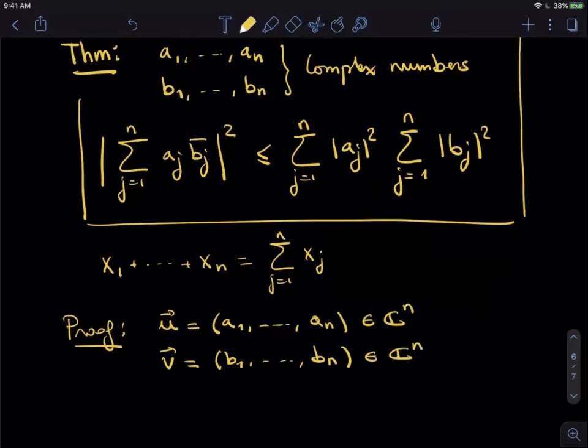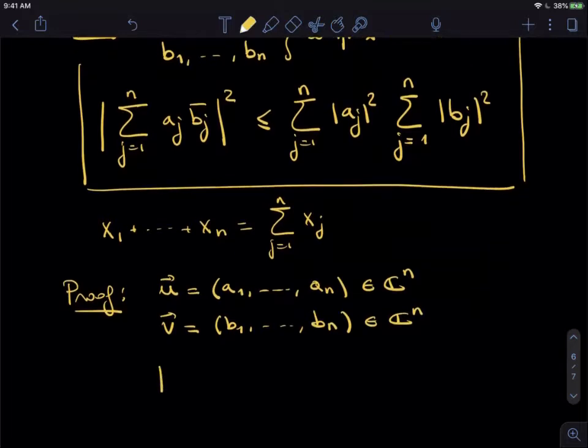And then the inequality is that the absolute value of the scalar product of u times v is less or equal than the magnitude of the vector u times the magnitude of the vector v. Notice that the square that was here in the numerator on the left, I passed it to the right as a square root. That's why I'm not writing it here. So this is the intuition.